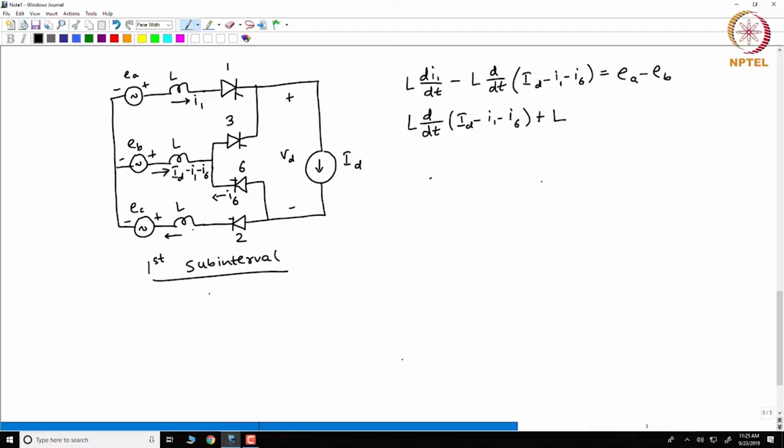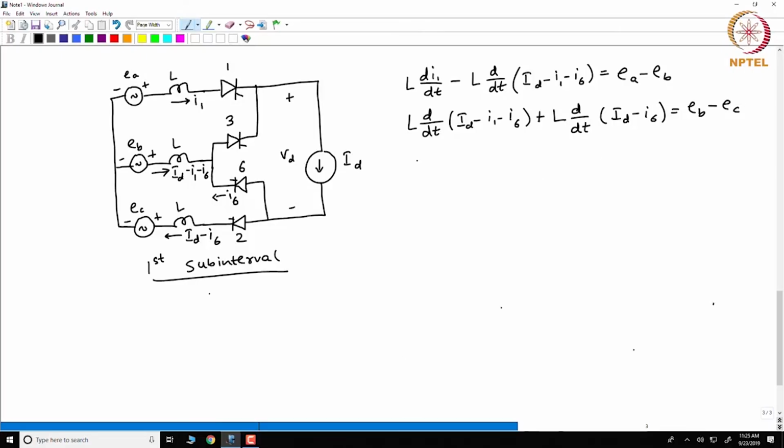Id minus I6, plus L d by dt of (Id minus I6). This is equal to EB minus EC.